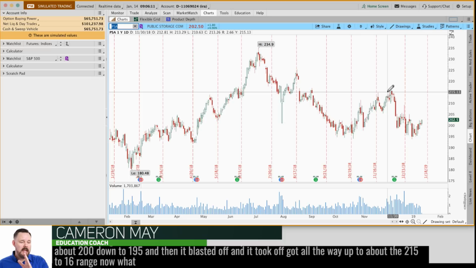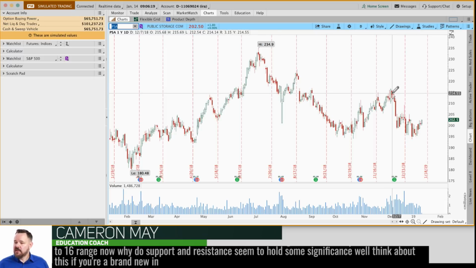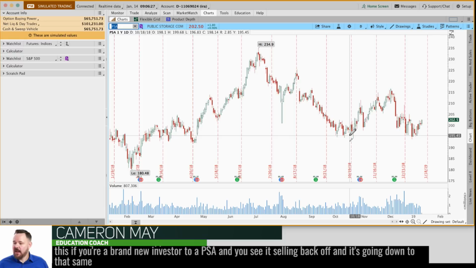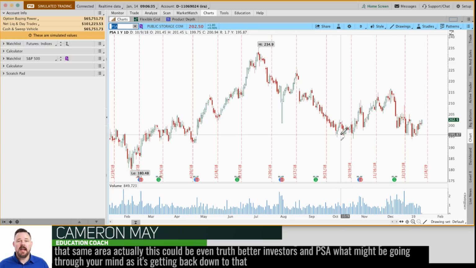Now, why do support and resistance seem to hold some significance? Well, think about this. If you're a brand new investor to PSA and you see it selling back off and it's going down to that same area. Actually, this could be even true for veteran investors in PSA. What might be going through your mind as it's getting back down to that 195 range?